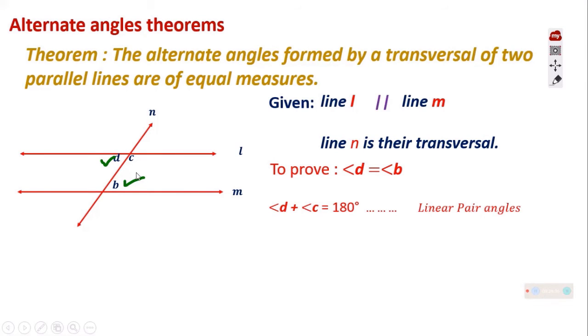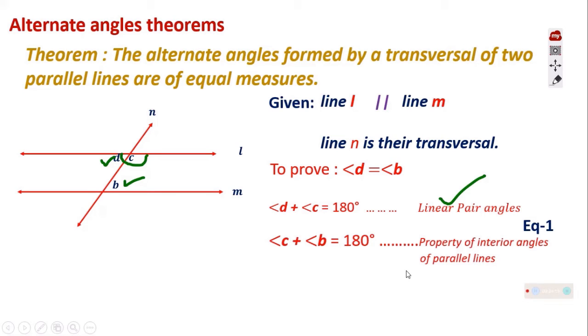We know that D plus C is equal to 180 here because they are a linear pair. We also know that C plus D is equal to 180 because they are interior angles. From that we can conclude that C is common here.